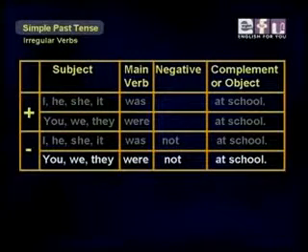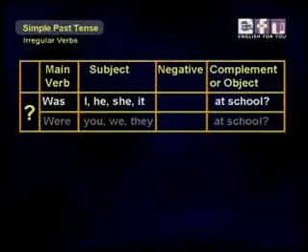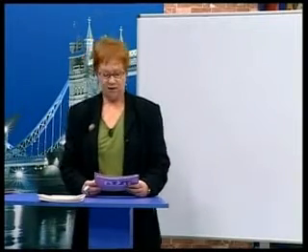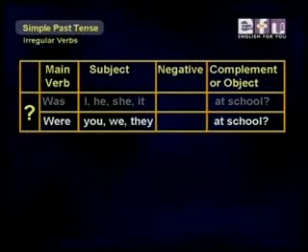And of course, you, we, they were not at school. You were not at school. Subject, main verb, negative, and complement. Now with questions, we change it. Was I, she, he, it at school? Was I at school? Or were you, were they, you, we, they at school?